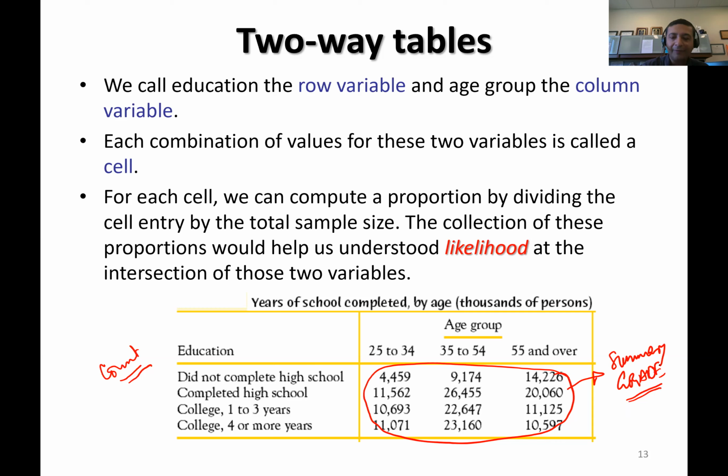If this is the data set that also represents students who have taken a class, I can actually say what the average grade would be for somebody in this class based off of the data set who did not complete high school and who is between 25 and 34 age limit, who has completed college, which is 4 or more years, and who is between the age limit of 35 to 54. So these are certain ways of visualizing categorical data.